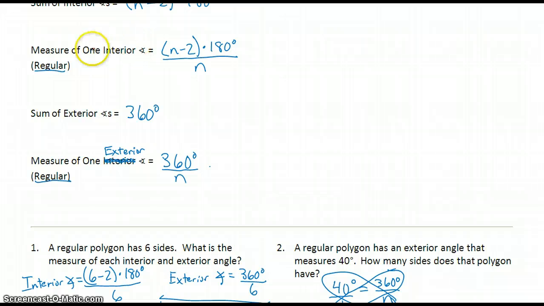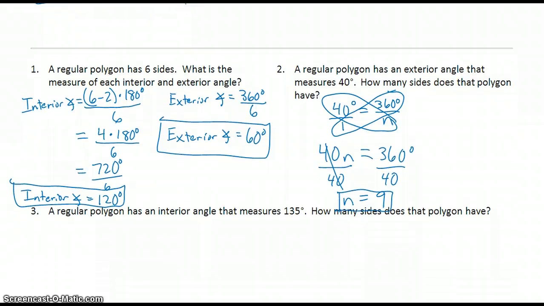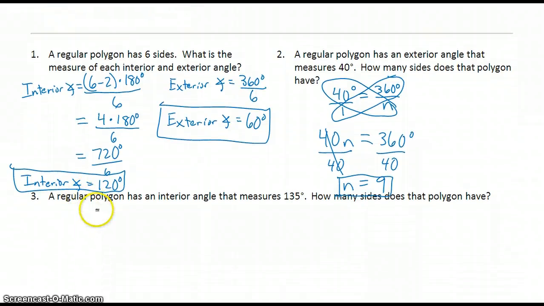So I'm going to say 135 degrees equals n minus 2 times 180 divided by n.